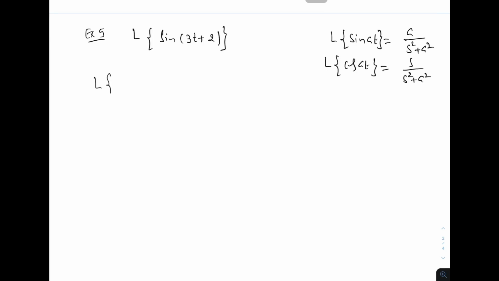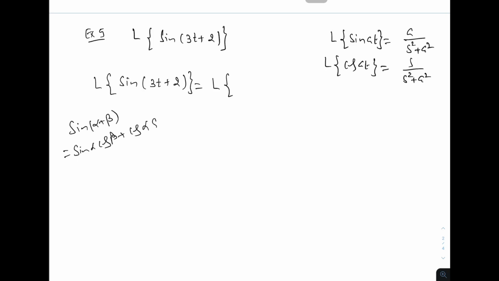So, Laplace transformation of sin(3t plus 2) is equal to Laplace transformation of, now we use the formula sin of alpha plus beta, and that is nothing but sin alpha cosine beta plus cosine alpha sin beta. So, sin 3t cosine 2 plus cosine 3t sin 2.